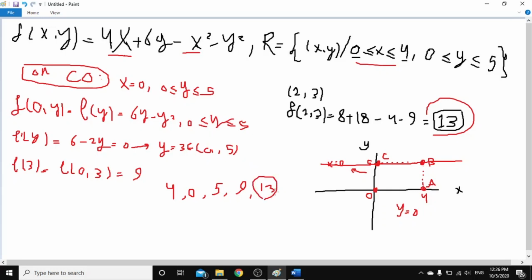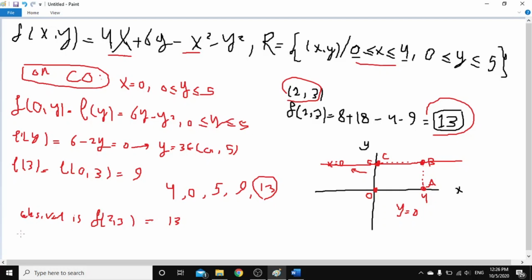So what you need to write is the absolute value. It depends on which point you are dealing with. Let's say this is the highest point. So we say f of 2 comma 3 equals 13. That's its answer. And what about the minimum?